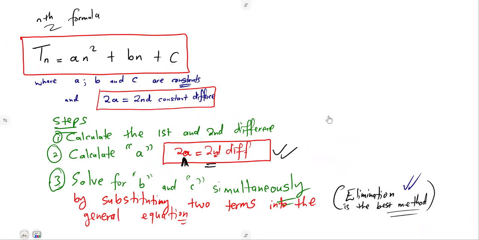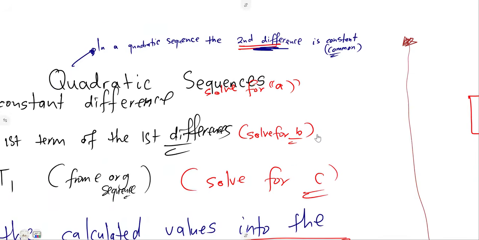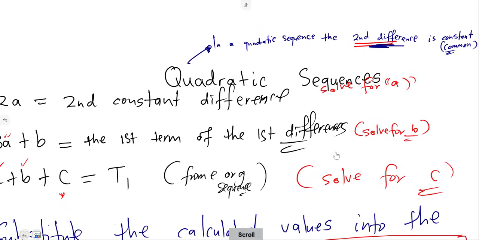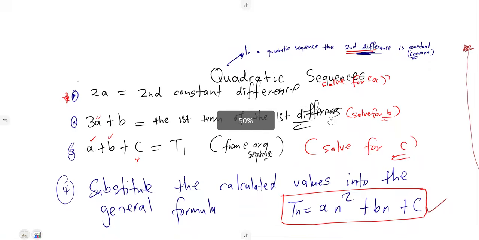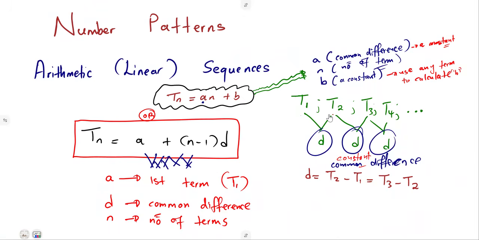So as an individual, please go through each and every part that we have discussed under our number patterns, starting from the linear, the arithmetic, the basics, everything, because our next classes shall be focused on exam questions.